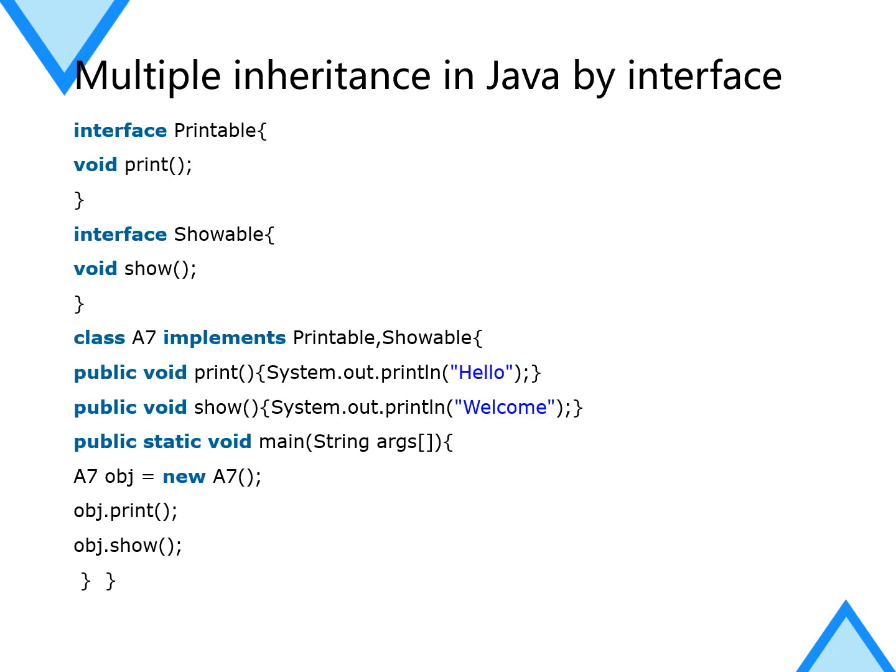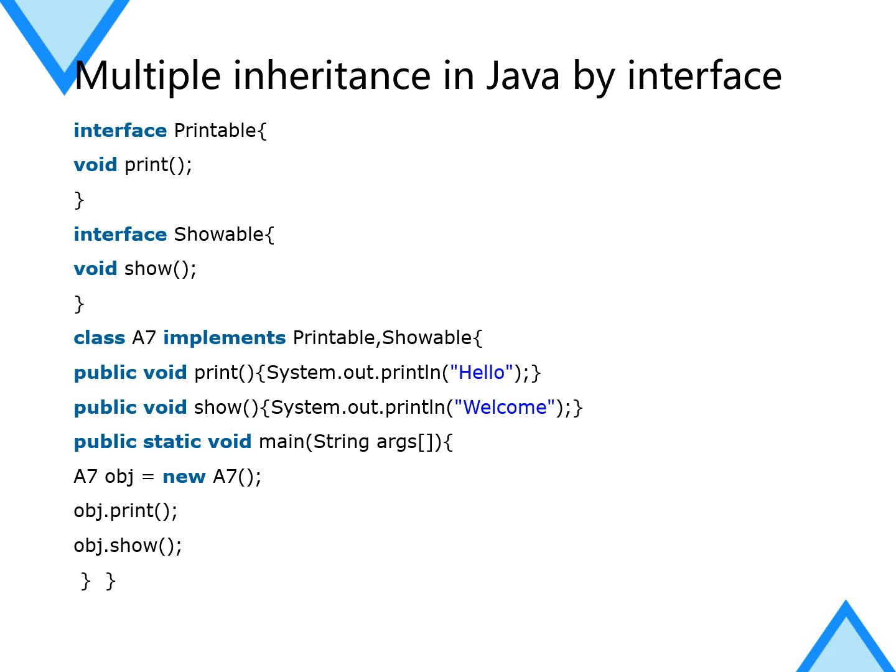Now let's see an example implementation of the previous diagram. We have one interface Printable with the definition of the method print. We have another interface Showable with the definition of the method show. We have class A7 which implements both interfaces, Printable and Showable.